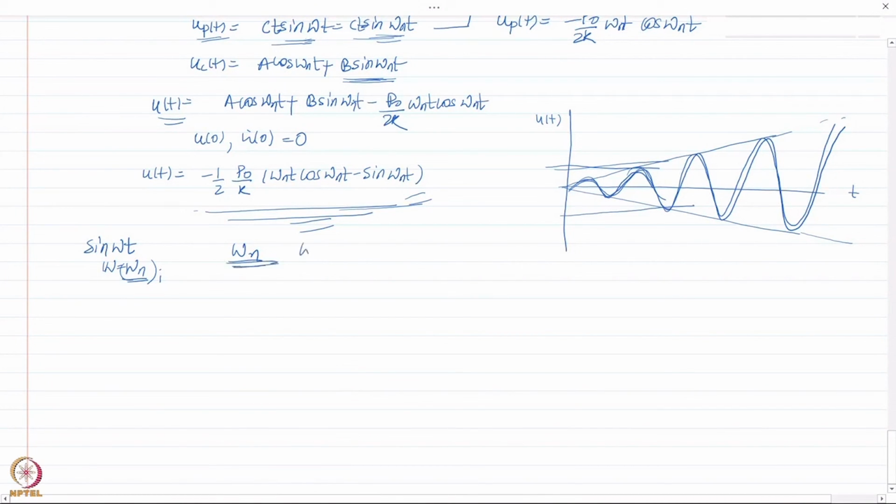Let us say this is omega n after some time. So now this omega is different from omega n, the natural frequency of the system. So basically this system would come out of resonance because the frequency of the system itself changes due to unbounded deformation once it starts to develop.